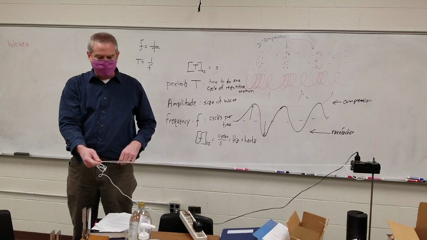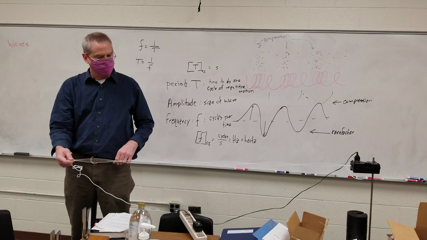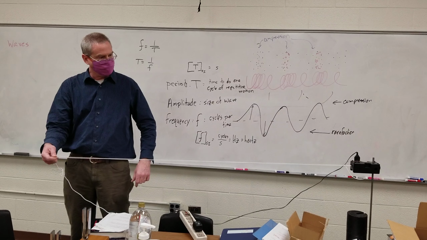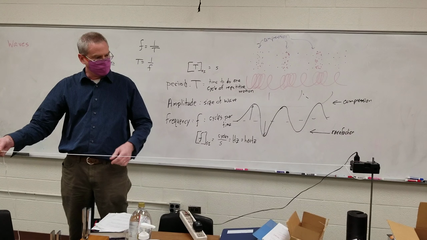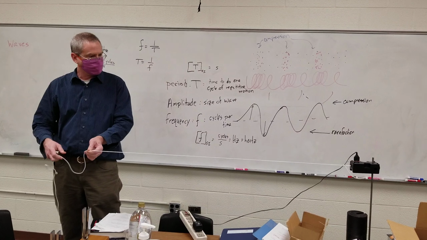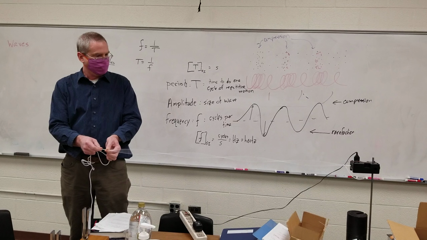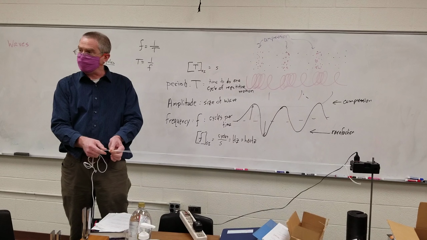Seventh harmonic. As I increase the tension in it, 2, 3, 4, 5, 6, sixth harmonic. Increase tension even more. Come on, don't fail me now. Fourth harmonic. I assume you can see it.